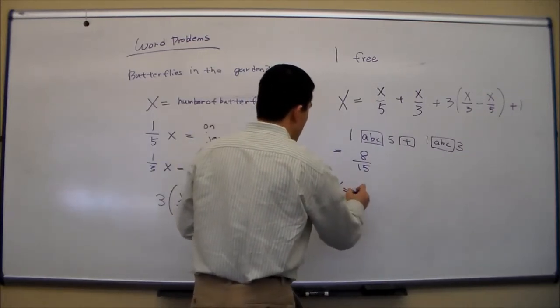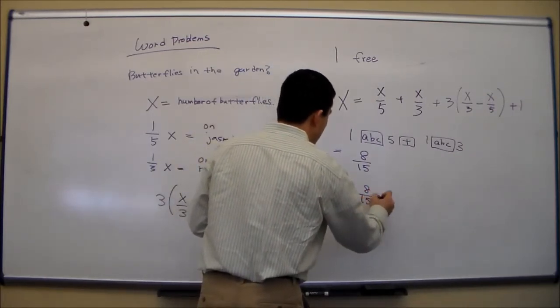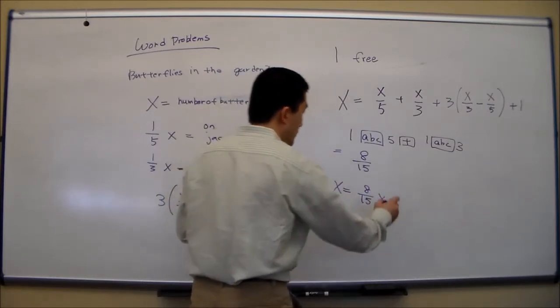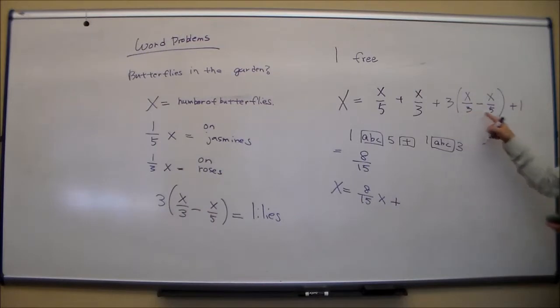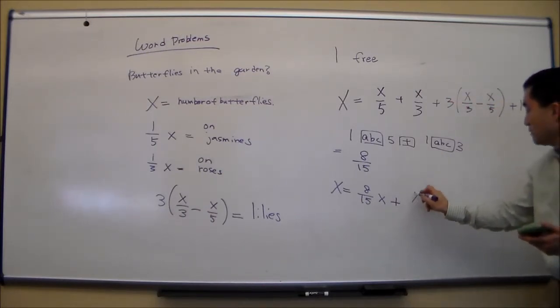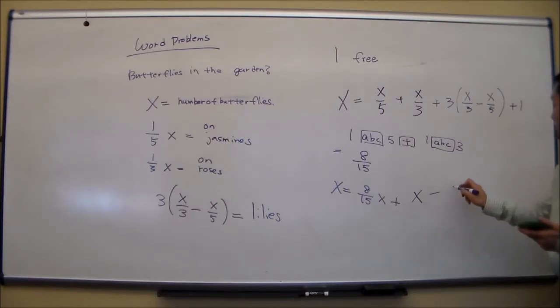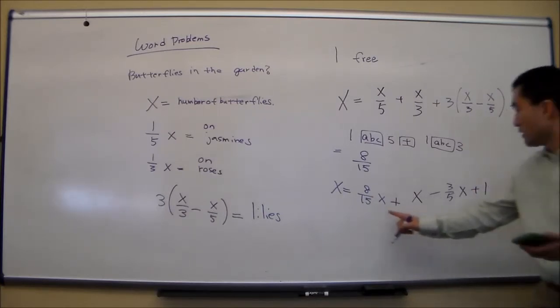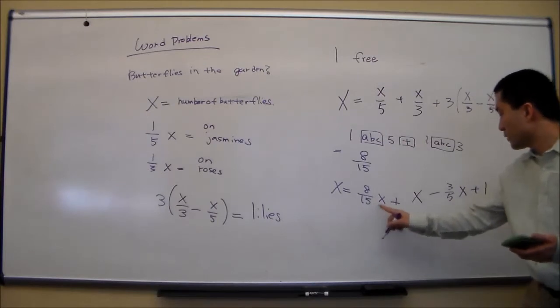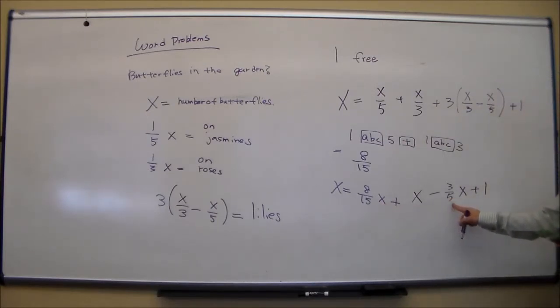So x is equal to 8 over 15 x plus, I'm going to distribute this out. The 3's cancel off, so only x remains, minus 3/5 x plus 1. So I'm going to add this up, this plus this minus that.